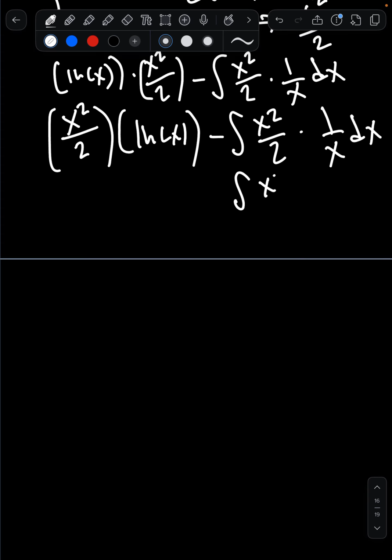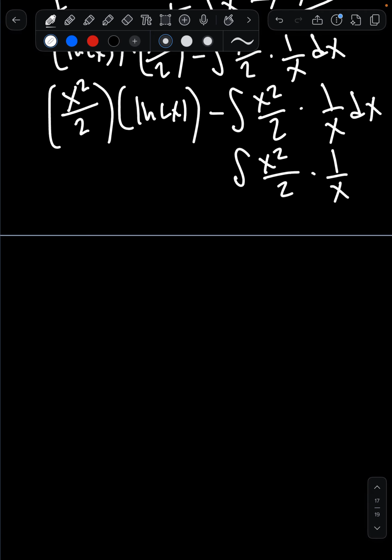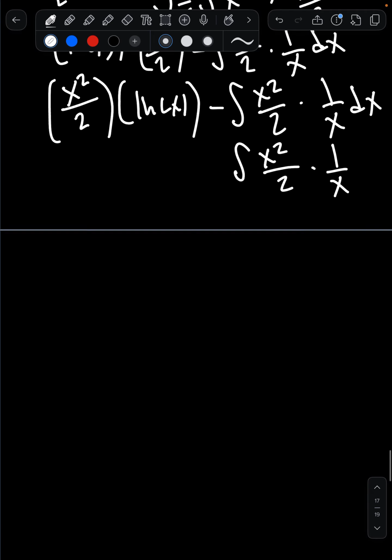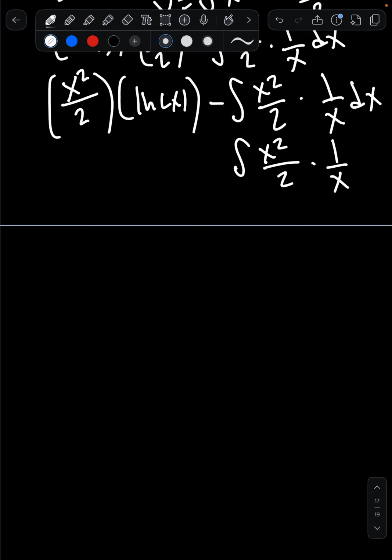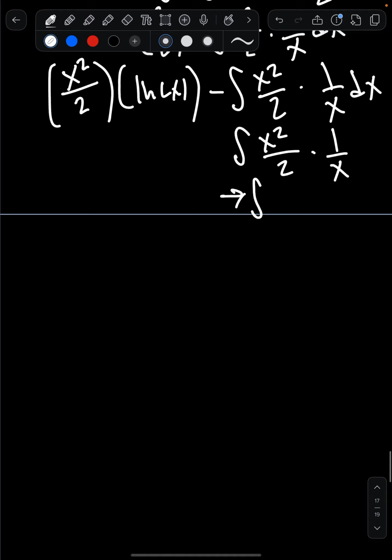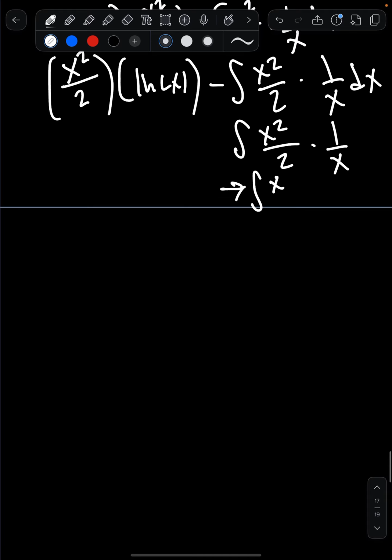Let's multiply these functions and see what we get. x squared over 2 times 1 over x. Notice how one of the x's can cancel. And if you want to look at it like this, you can look at it as x squared divided by x times 1/2.